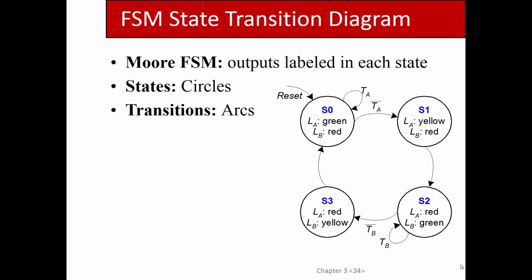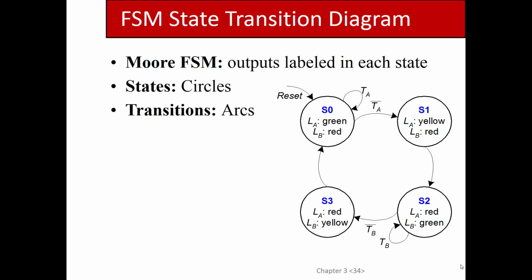As long as TA is 1, meaning that there's east-west traffic, and we're in the state where our east-west light is green, then we're going to stay there. So you have this loop back. You see that? As long as TA is true, we're going to stay in S0 if we're in S0.